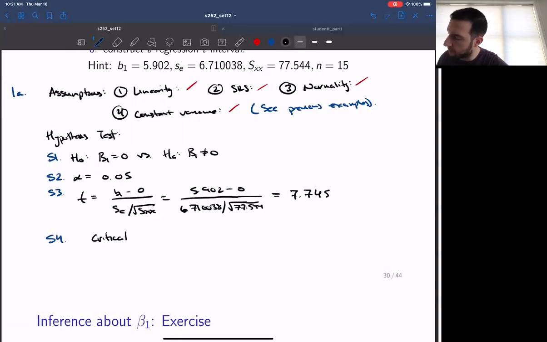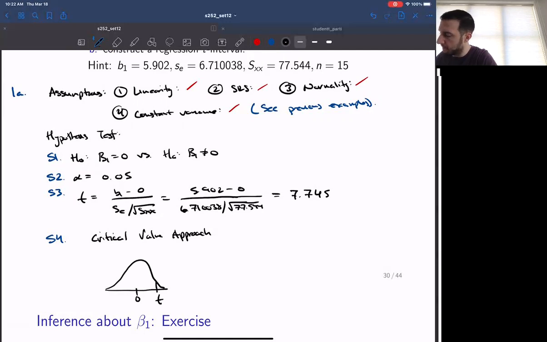So if we take the critical value approach, we sketch our student t-curve centered at 0. We have a t-value on alpha over 2, so this is going to be 0.025.